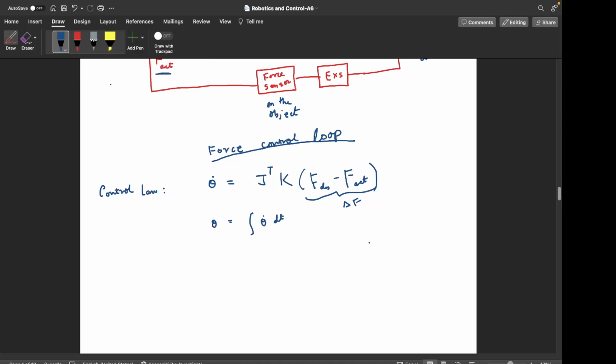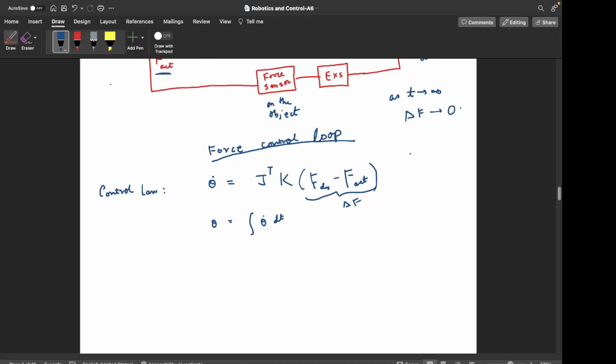It is guaranteed, and that's what we want: as t tends to infinity, delta f should tend to zero.